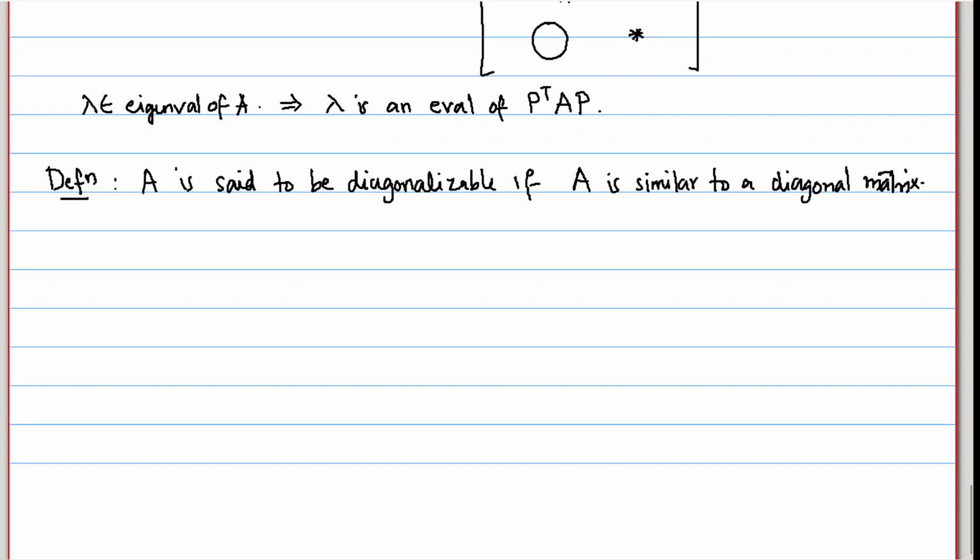Now, what do you mean by A is similar? We will denote this by A is similar to some diagonal matrix. What do you mean by similar?